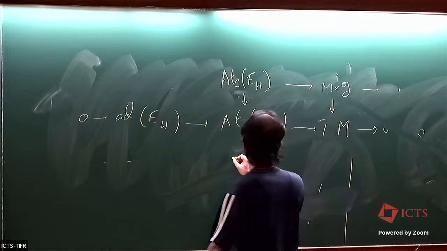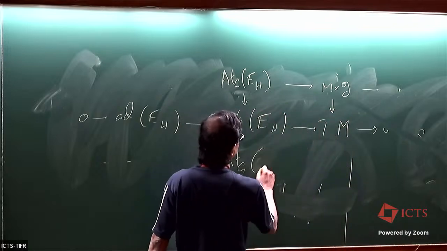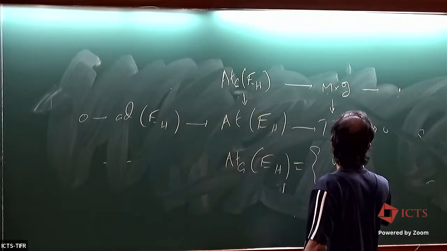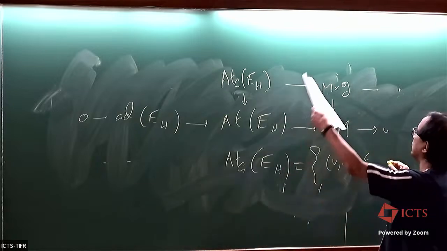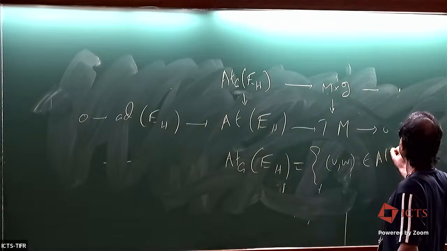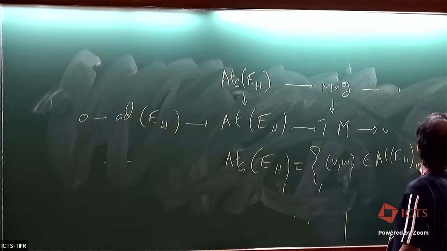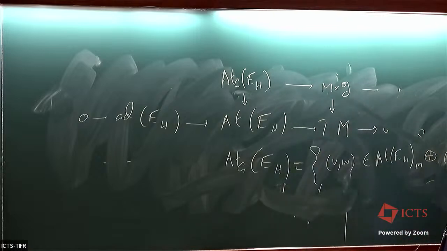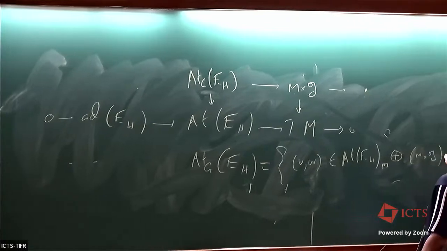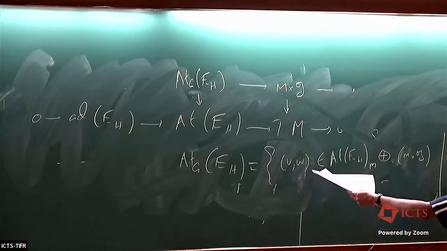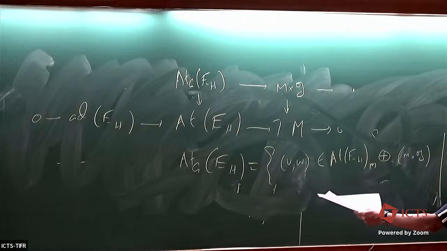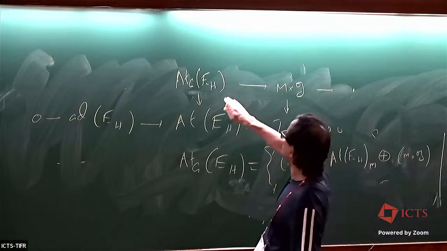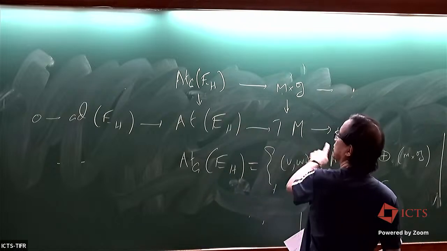This consists of all V, W, namely V in At over some point of M, and W in M cross g, such that f of V is equal to beta of W. This is the definition, and this map is the projection to the first factor.